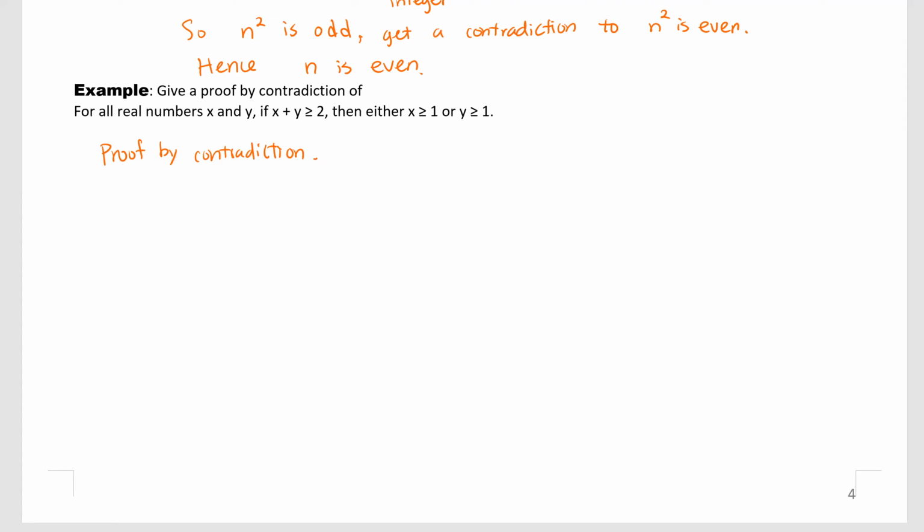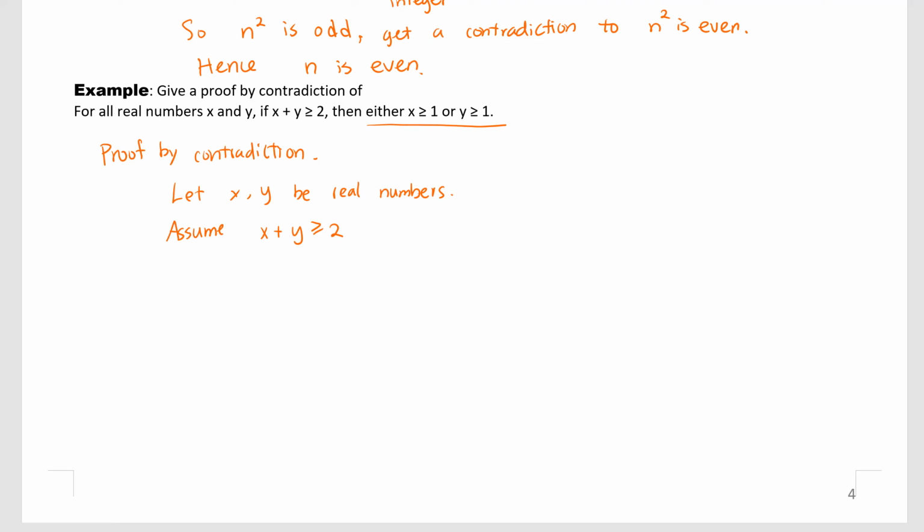Let x, y be real numbers. We assume, we can say assume or suppose, p and not q, right? So p is x plus y is greater or equal to 2. Not q.